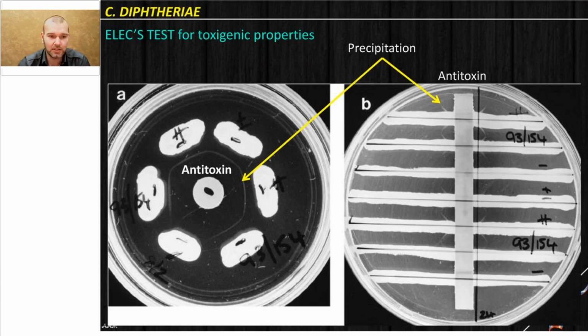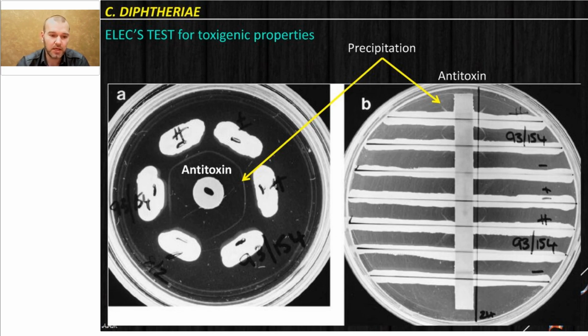It is a type of gel precipitation where, in a petri dish with agar, you need to add antitoxic serum, or antitoxin against Corynebacterium diphtheriae toxin. In picture A on the left, it is that spherical white dot in the center of the petri dish that contains antitoxin, or in another modification you use a paper strip of filter paper filled with antitoxic serum, and you put it in the center of the agar and add clinical samples.